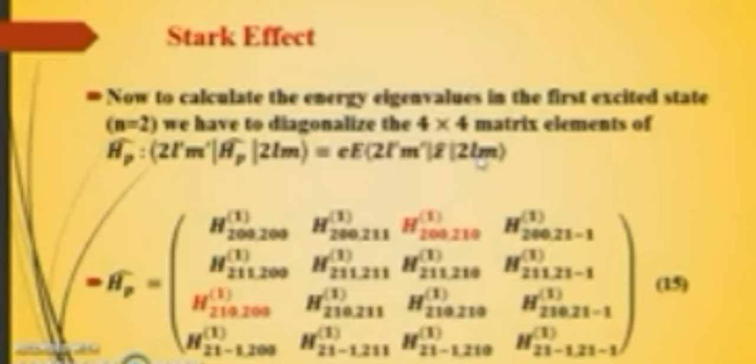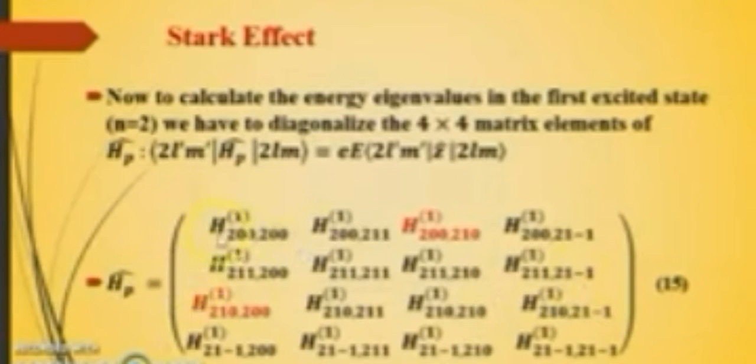Secondly, since Z is odd, when we change the sign of Z it becomes an odd function, so the states 2 l' m' and 2 l m must have opposite parities so that it does not vanish. Therefore the only non-vanishing matrix elements are those that couple 2s and 2p with m equal to 0, that is between the states 2 0 0 and 2 1 0.